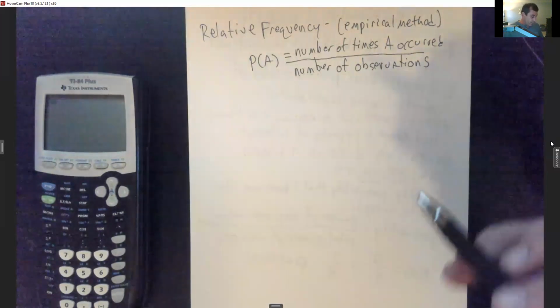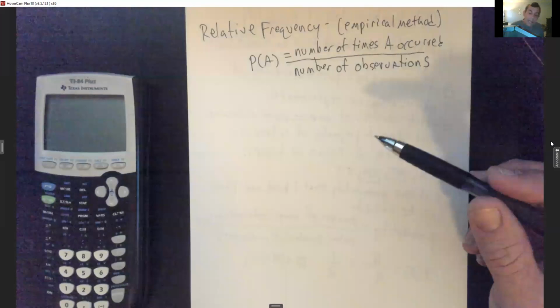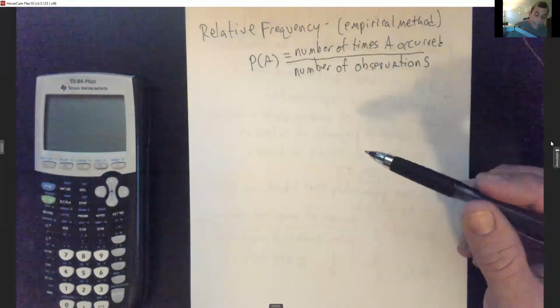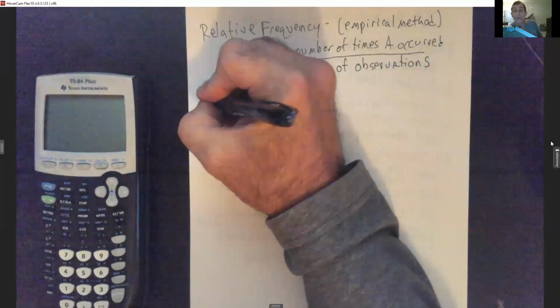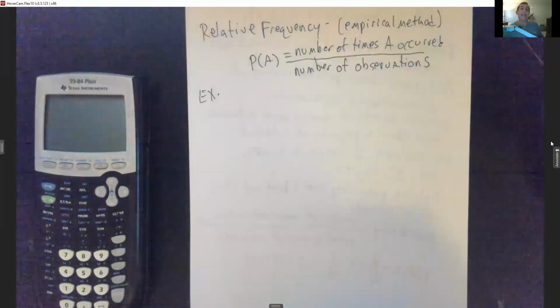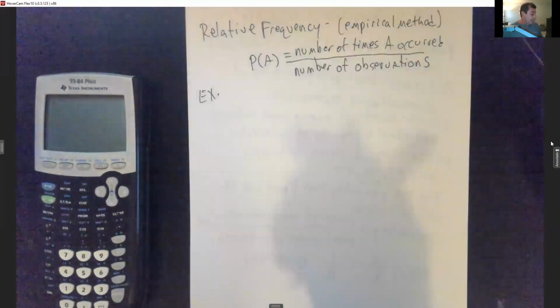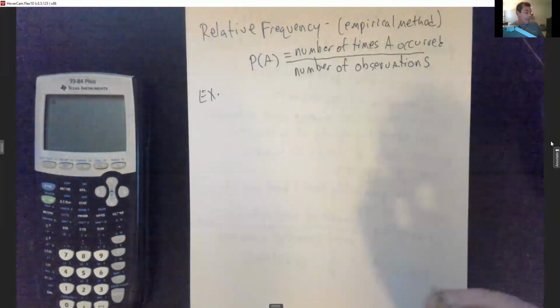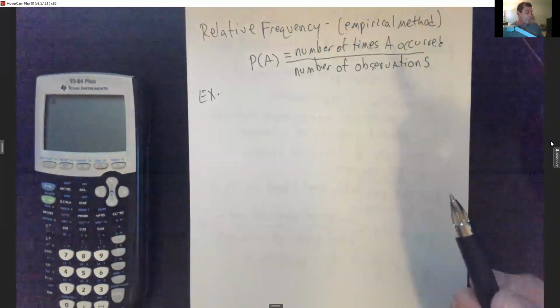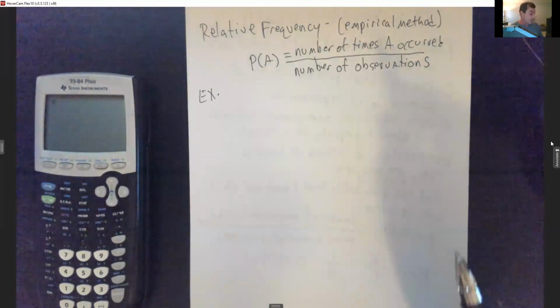Okay, so in this example, I'll show you what we talk about, the relative frequency, okay? This is the one where we actually want to count and flip. So I'm only interested in the number of heads when flipping 2 coins.